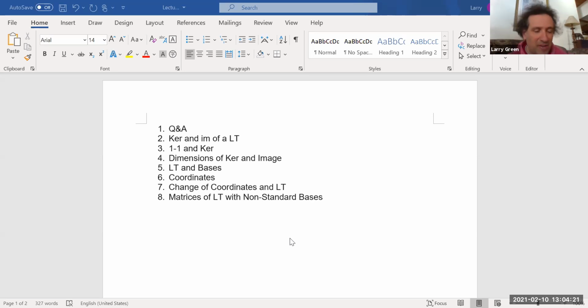It's an abstract day, no applications, but we'll get there. The main applications come up after we leave this Rn stuff and go into the general. So for now, we're going through Rn, which means all the definitions, and then we'll do applications. So that is the plan for today.